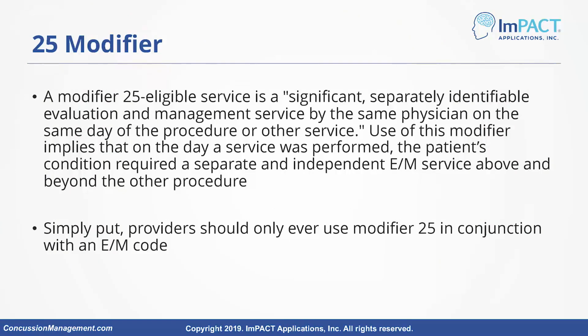A 25 modifier eligible service is defined as a significant, separately identifiable evaluation and management service by the same physician on the same day of the procedure or other service. You're supposed to use this modifier on the day of service that the E&M was performed, and the patient's condition required a separate and independent service above what you would typically do in an E&M visit. So simply put, you should only ever use modifier 25 in conjunction with an E&M code.